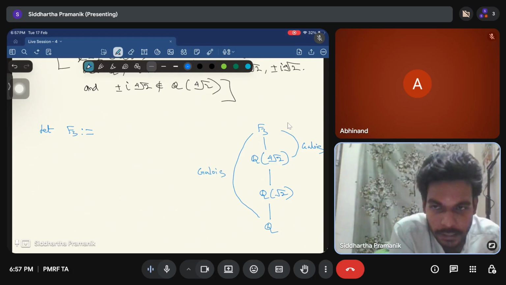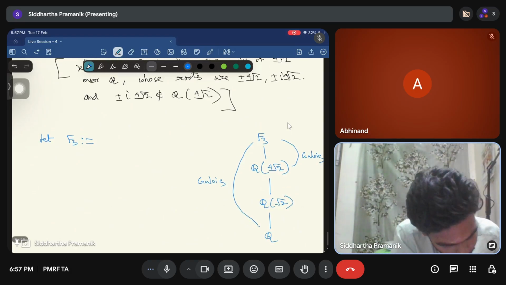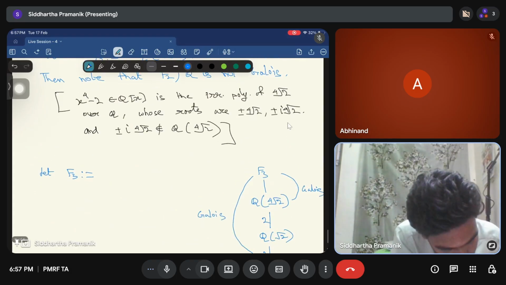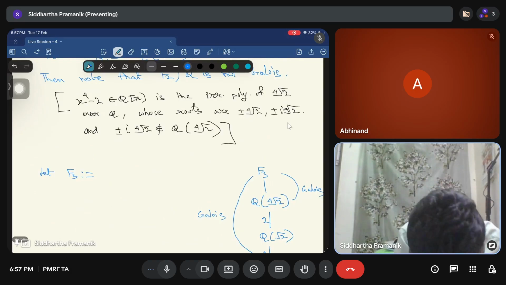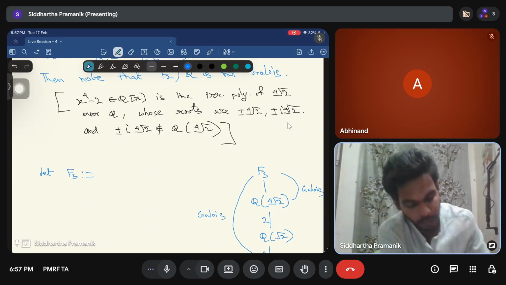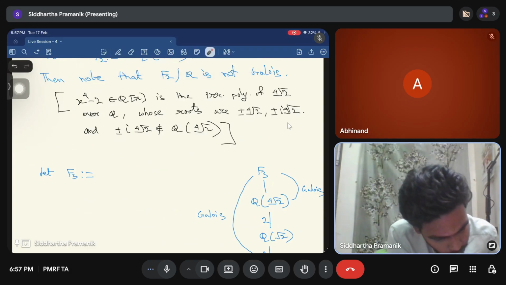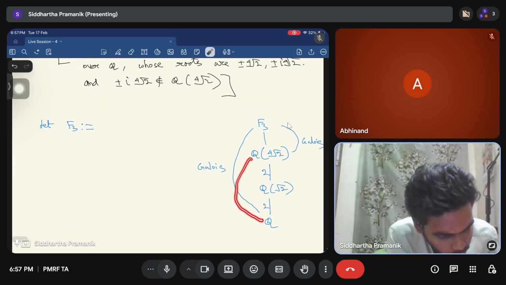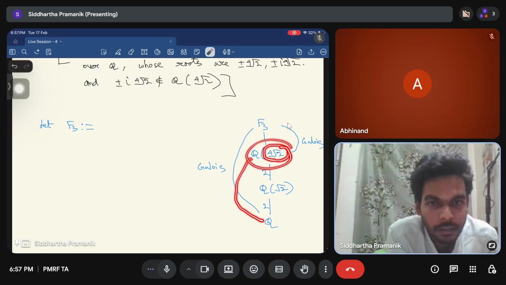Any guesses? So note that this extension is not Galois because the conjugates of this element are not in this extension.